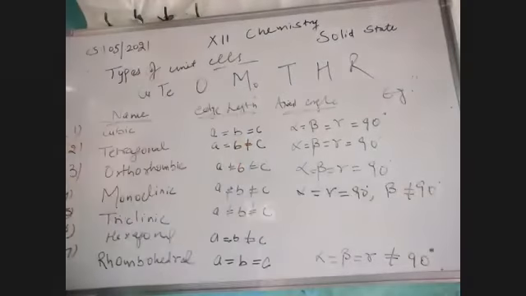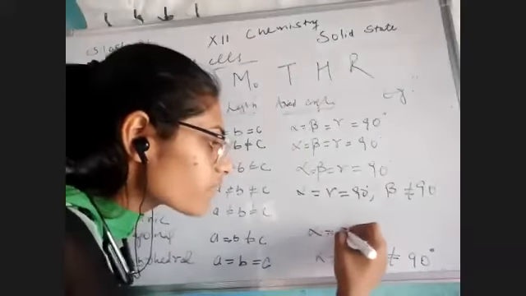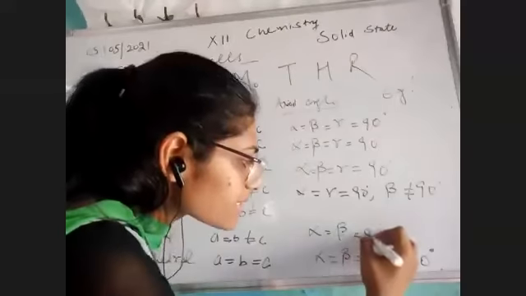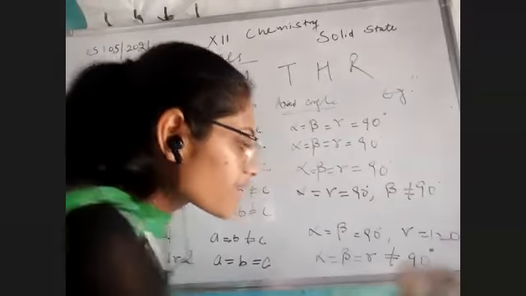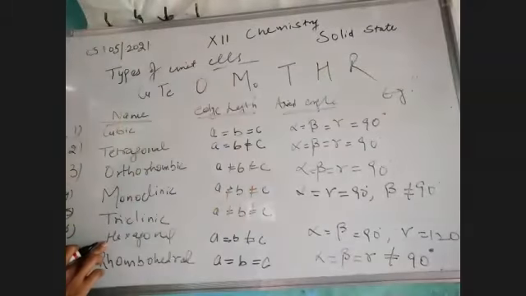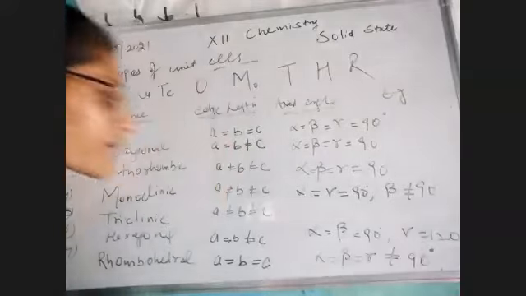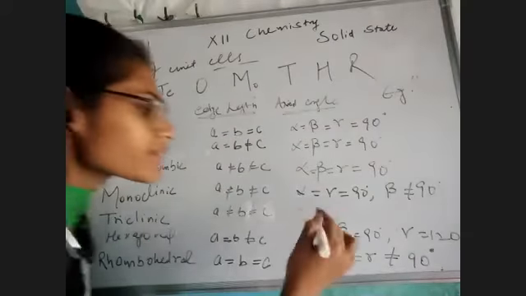degree. Let's start with hexagonal. Alpha equals to the beta equals to 90 degree and gamma equals to 120 degree since it is hexagonal. In hexagonal, there must be an angle should be of 120 degree, and we are left with only the triclinic.